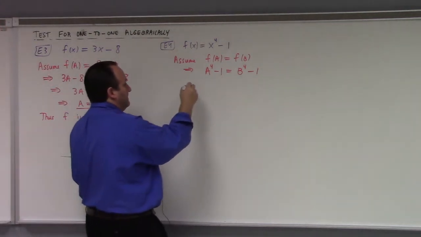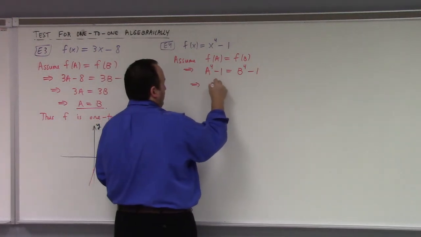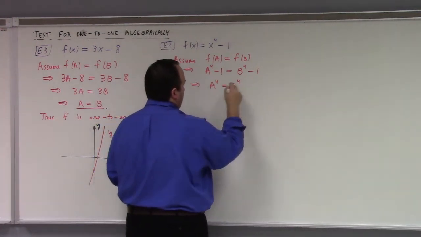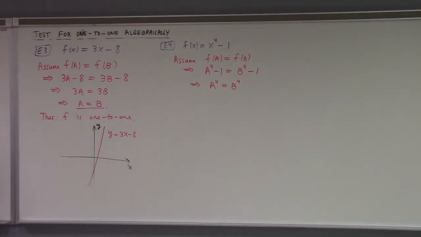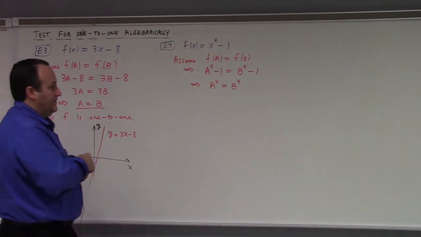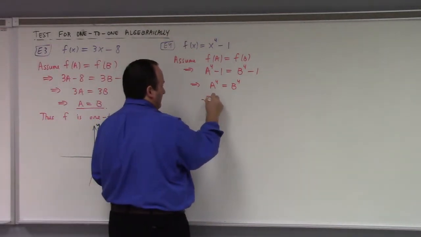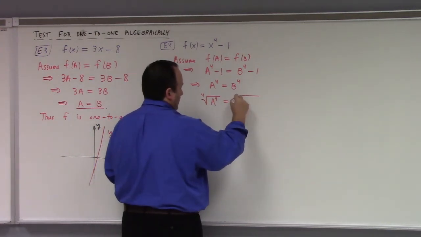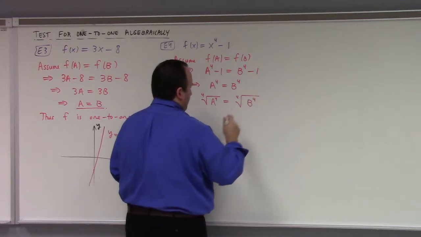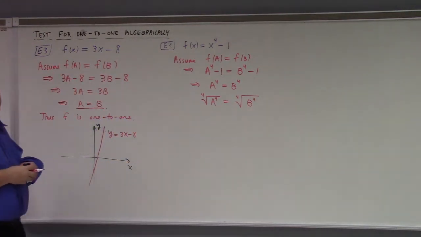Okay. a to the 4th equals b to the 4th. And now how can I solve that equation? How can I get rid of a 4th power? I can take a 4th root, right? So I can take the 4th root of both sides. What does that give us?